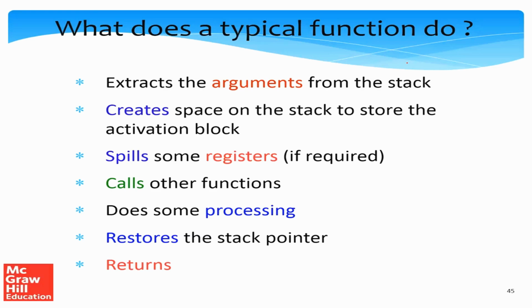It creates space on the stack to store its own activation block. It spills registers if required. So there, the issue of caller saved and callee saved comes into play. It calls other functions and implements its own logic. Finally, it puts the return values either in designated places in memory or in registers. It restores the stack pointer and it returns.